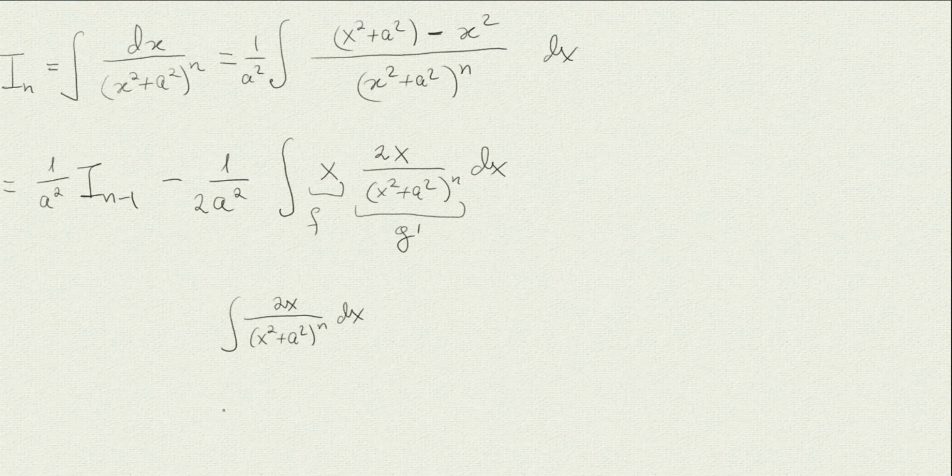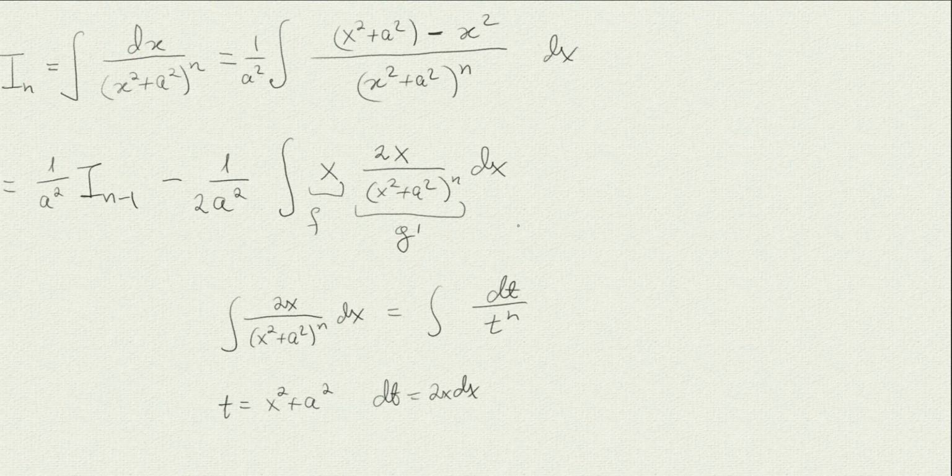So if we make the substitution, I'm just proving it rigorously, it's actually an immediate integral, but in order to see it more easily, we substitute t to be x squared plus a squared, and then dt is just 2x dx. And then this integral becomes dt over t to the power of n.